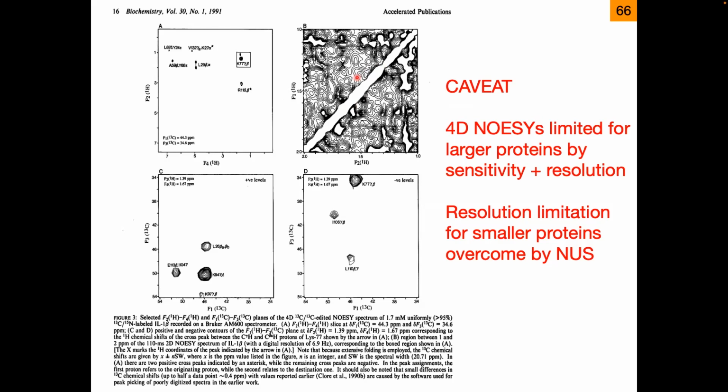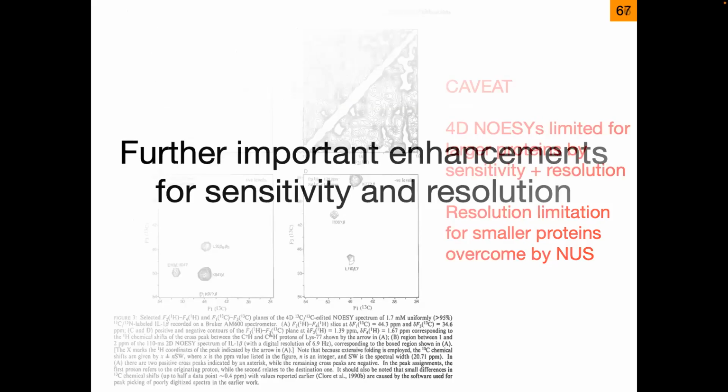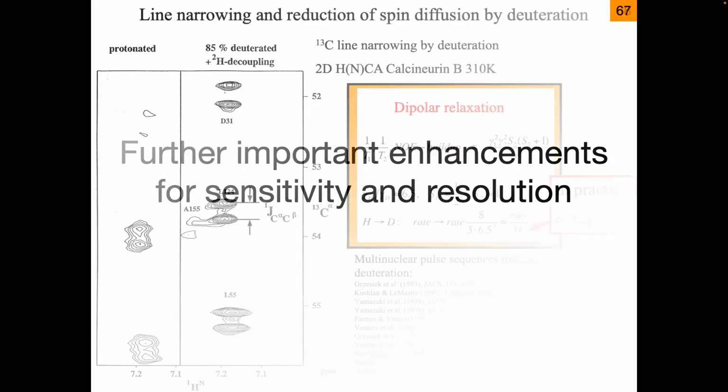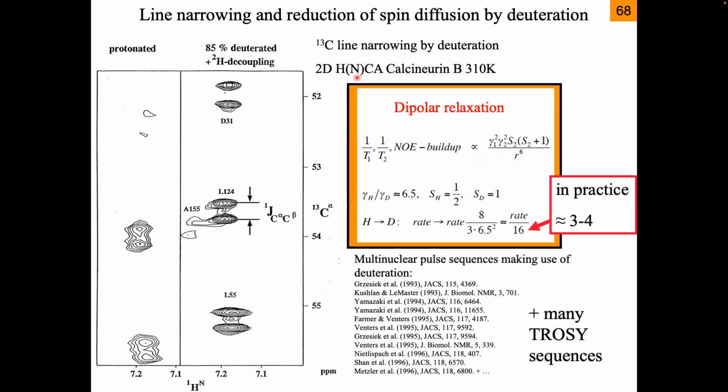So now I want to add a few other small or not so small things for enhancements of sensitivity and resolution. One of them is deuteration. Most of the relaxation that is happening is from dipolar couplings to protons. They have the largest magnetic moment.